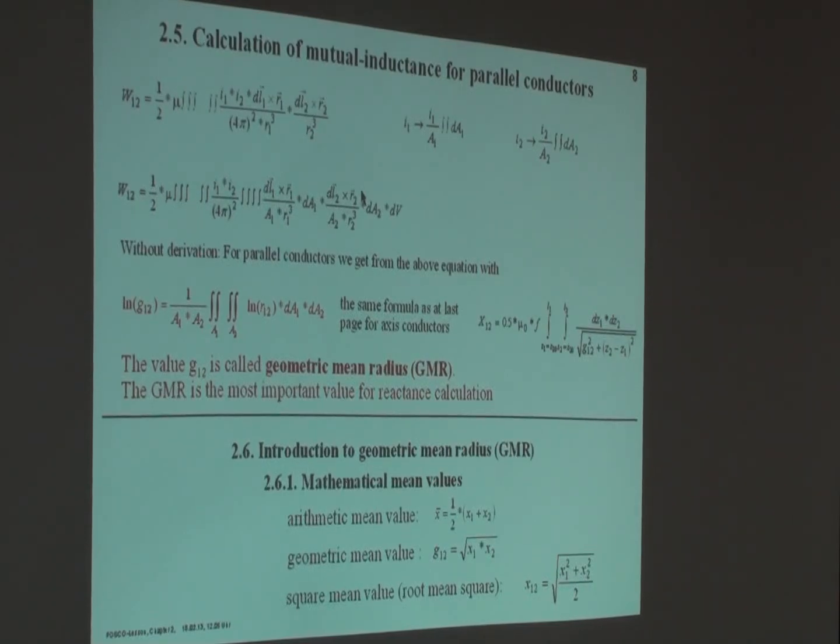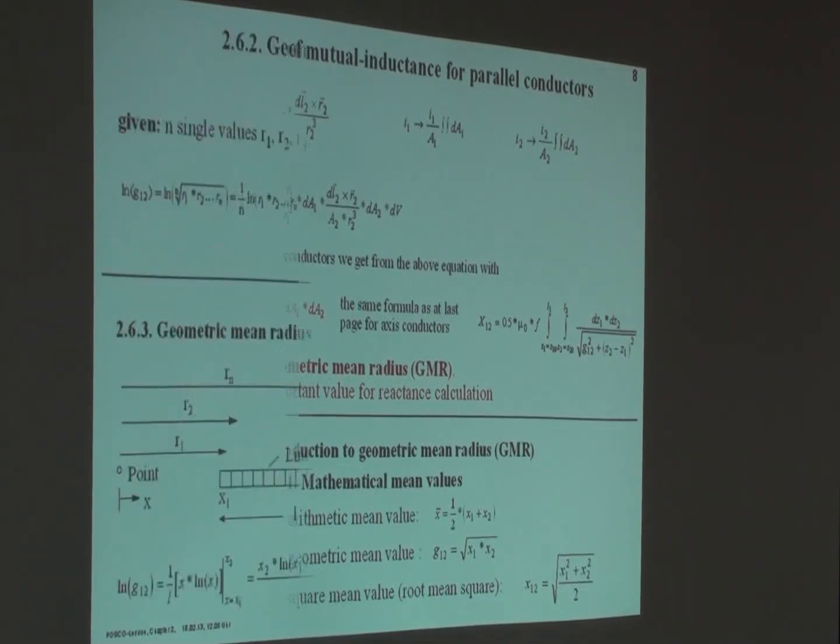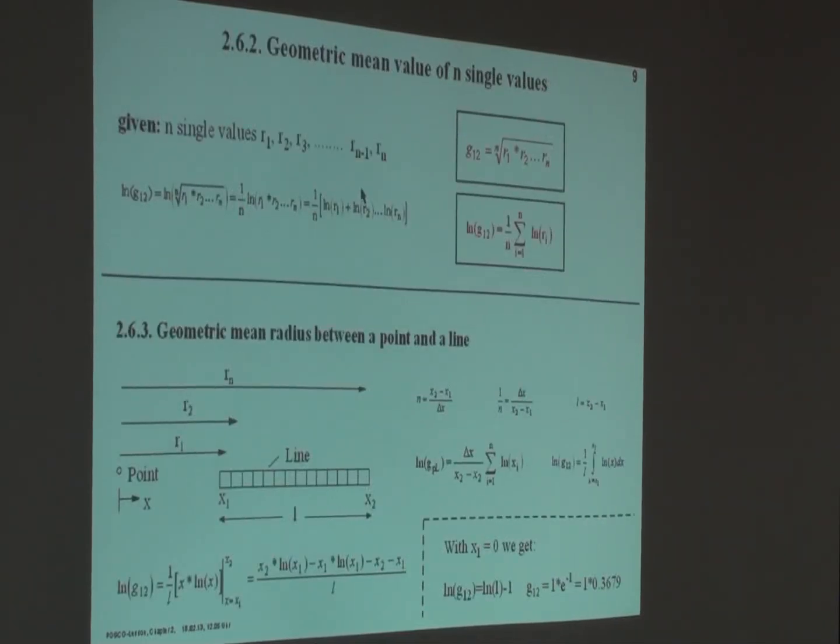That means we have x, and this is shown as an, this gives this formula here. This formula is derived here as a geometric mean radius between a point and another.